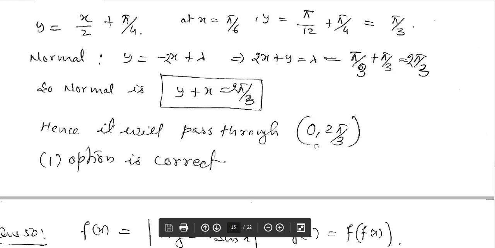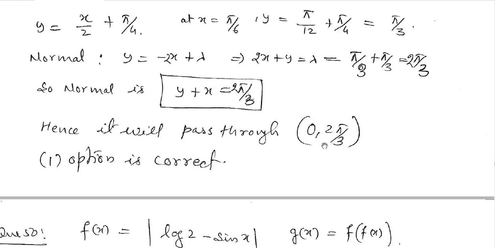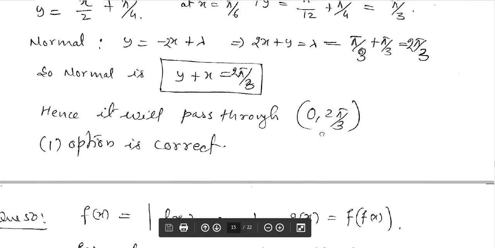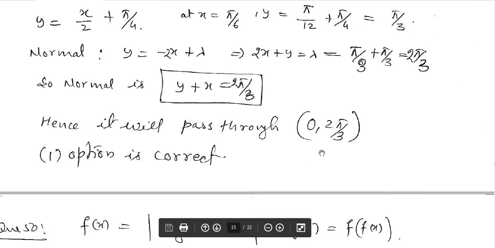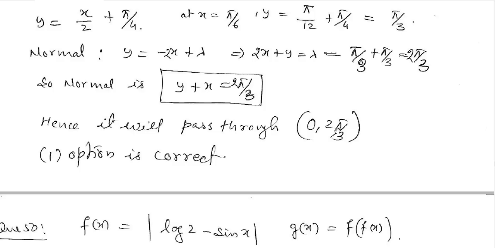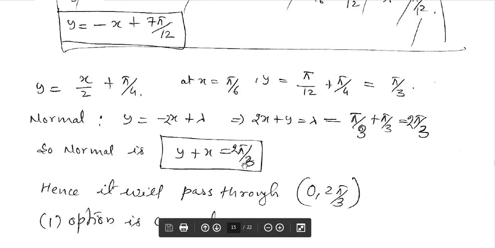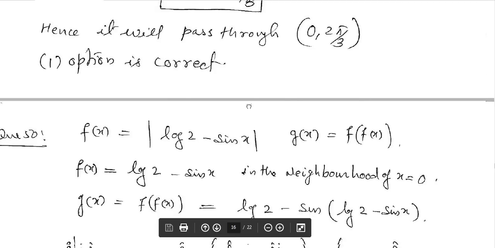So 0 comma pi by 3 is the answer. You need to check it out, and this is 0 comma pi by 3. So definitely this will not be the correct option. There must be another option; this is a calculation error that we have made here.